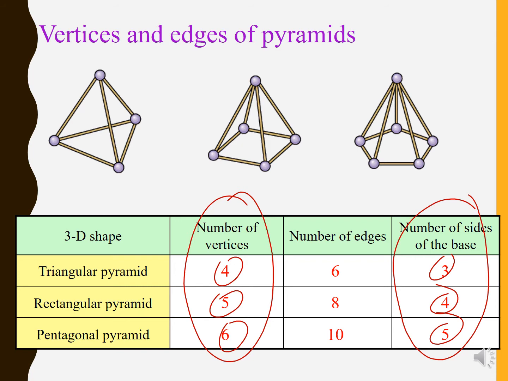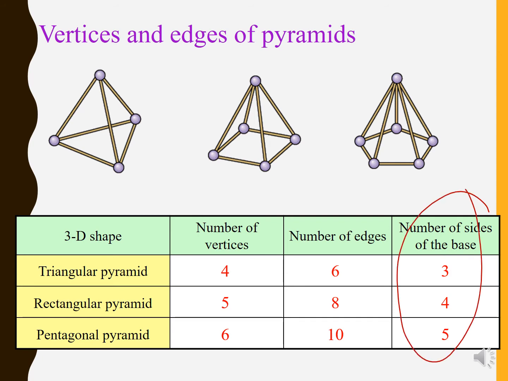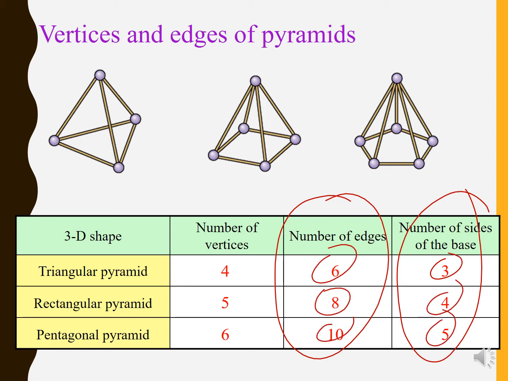What about the number of sides of the base and the edges? The first is 3 and 6, the second pair 4 and 8, the last pair 5 and 10. Yes, the number of edges is actually 2 times the number of sides of the base.